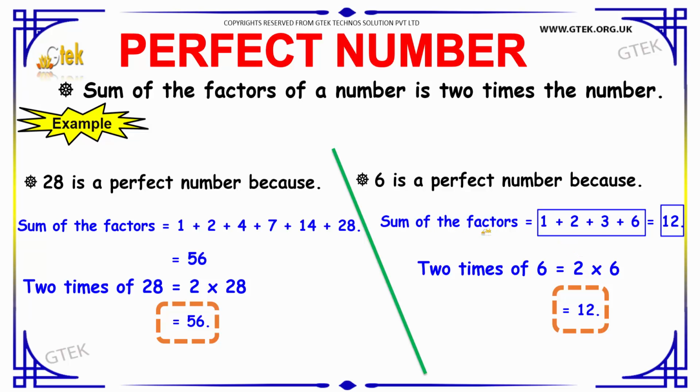So the sum of the factors has the value as 12. And this should be equal to 2 times the number. So 2 times 6 is equal to 12. You can see that sum of the factors, that is 12, and 2 times the number is 12 as well. So the number 6 is a perfect number.